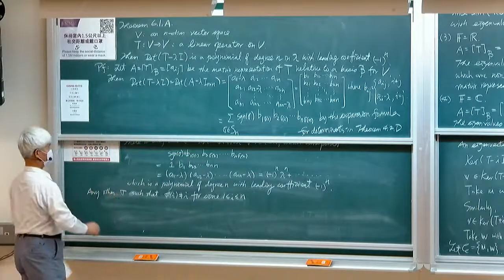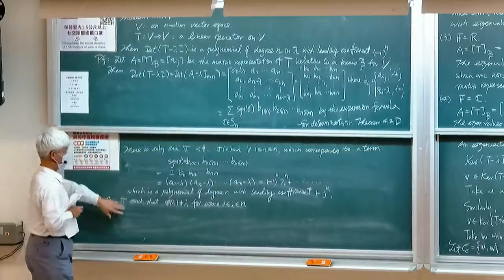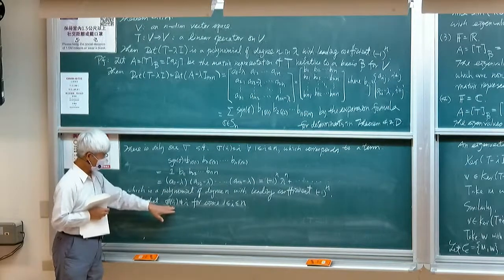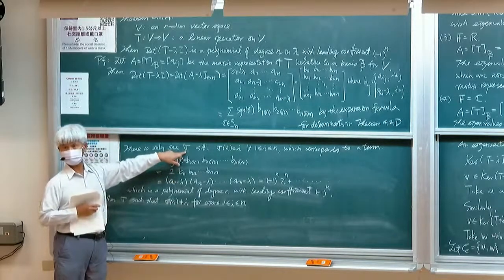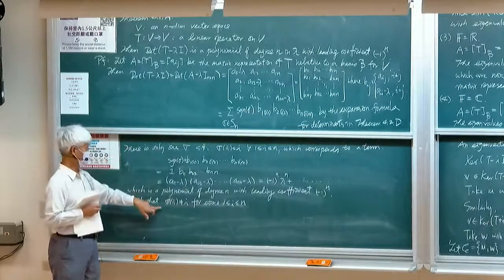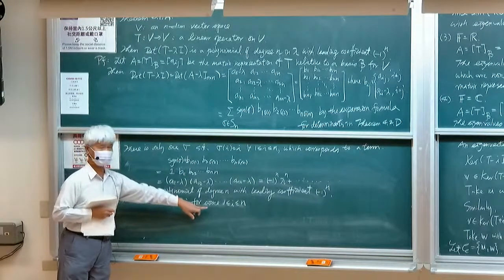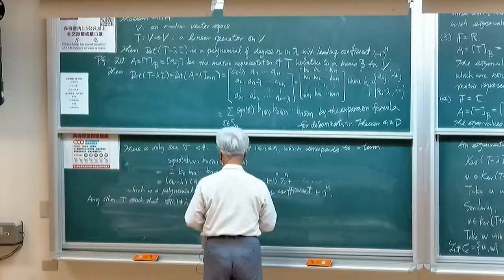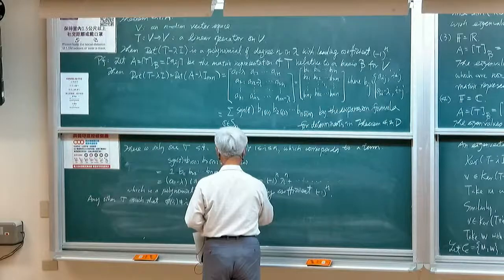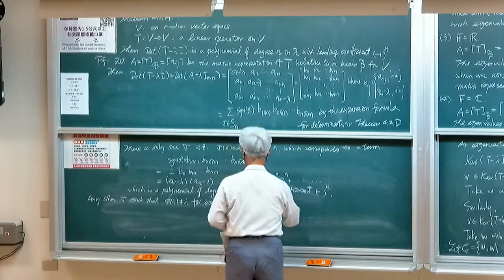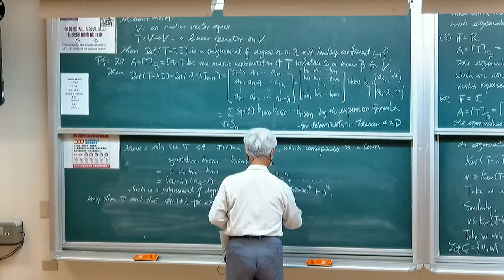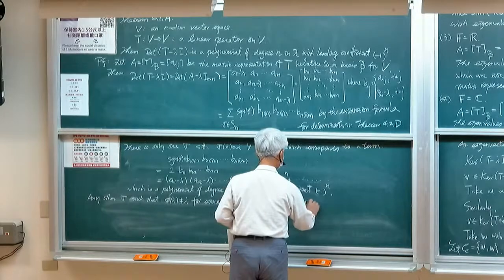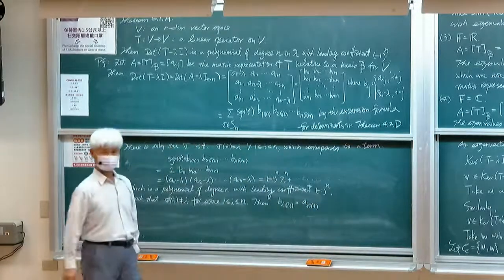So any other sigma must have sigma(i) not equal to i for some i, because if every sigma(i) equals i, then it is the term we just discussed. Then b_{iσ(i)} becomes a_{iσ(i)}, which is a constant.